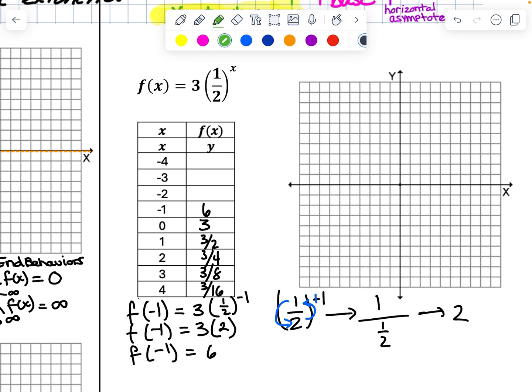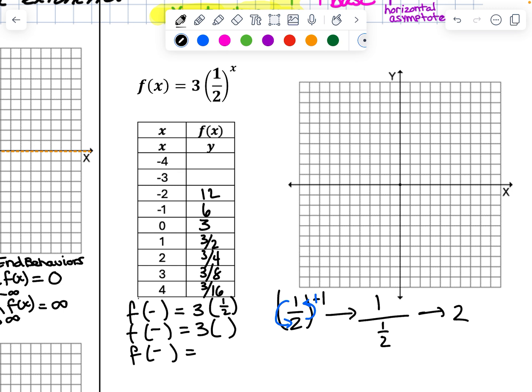So what if the power is -2? If the power is -2, that makes this number 4, which makes this number 12. What if the power is -3?